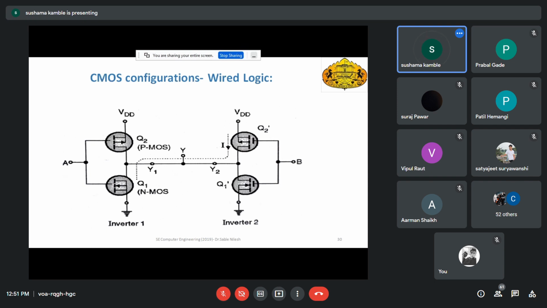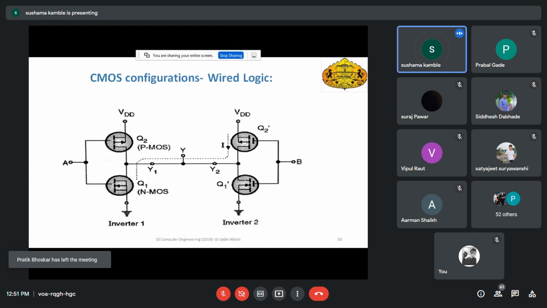No. We are not getting the output voltage either low or high, either logic 0 or logic 1, because in this case Y is equal to VDD by 2. So the circuit is not going to work properly.